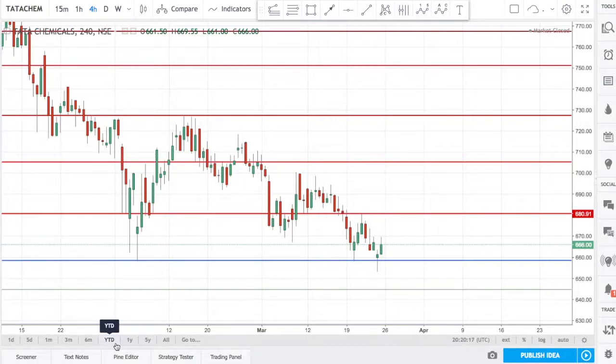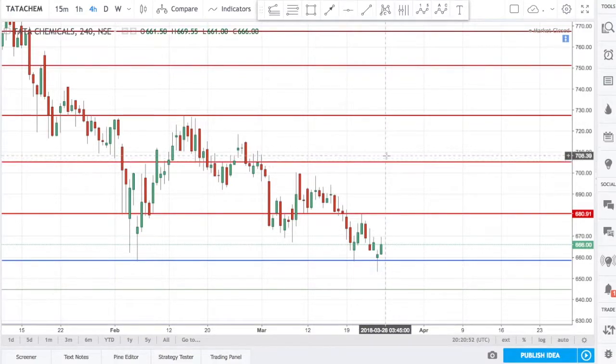Two advanced pattern formations have developed over the weekend. One is on Tata Chemicals and the second one is on Bharat Electronics. For those who are wondering what these advanced patterns are, I will put out a video exclusively on what an advanced pattern is, what the different types of advanced patterns are, which are its important levels, and how to trade them pretty soon.